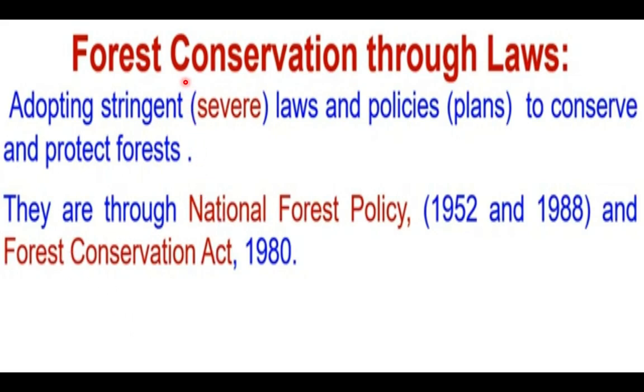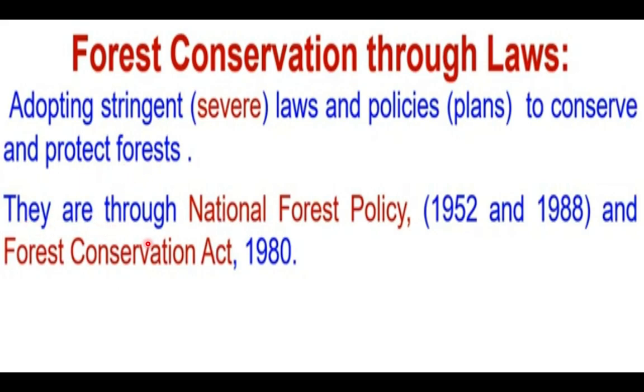Forest conservation laws have to be adopted, that is adopting stringent laws. Stringent means severe or strict laws and policies are a kind of plan to conserve and protect the forest. So what's the final solution for conserving the forest? Stringent law should be followed, severe strict laws as well as proper planning should be done to protect the forest.